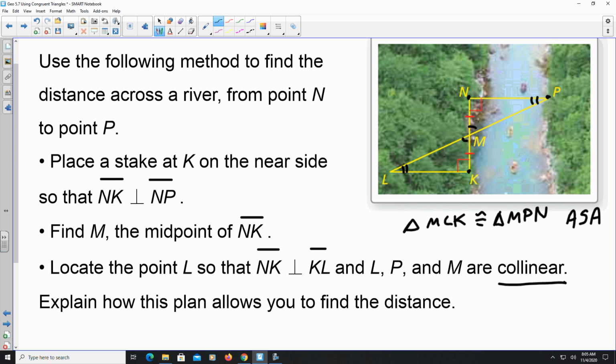So actually the distance between LK and NP is going to be the same distance because of the same reason, corresponding parts of congruent triangles are in fact congruent. So to find the distance, all you have to measure is LK, and NP is just going to be congruent to whatever the distance of LK is. So that's how you can find the distance for that.